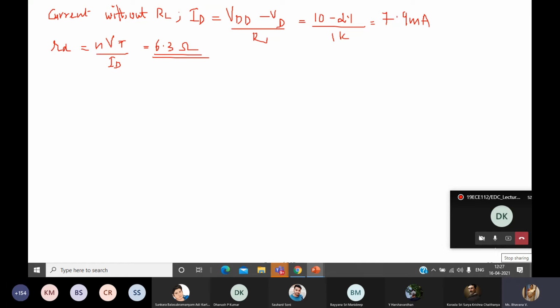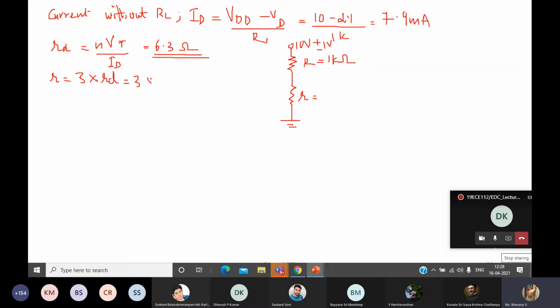Take down: the 3 diodes in series will have a total incremental resistance of r, I am renaming it, r is equal to 3 diodes, so 3 into RD.